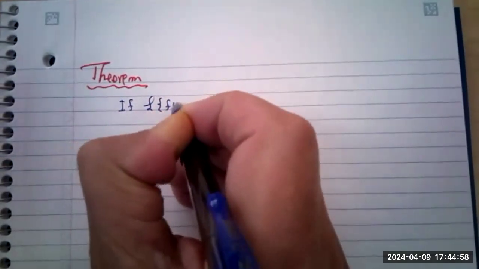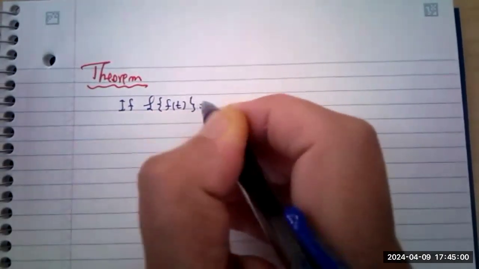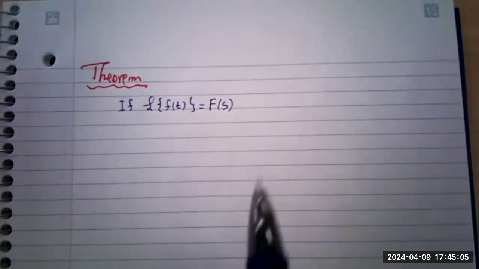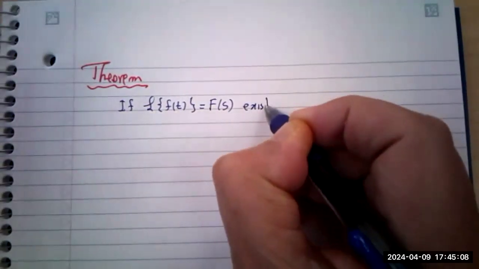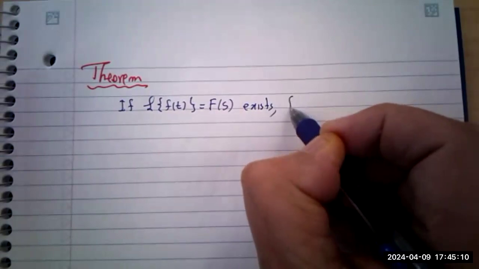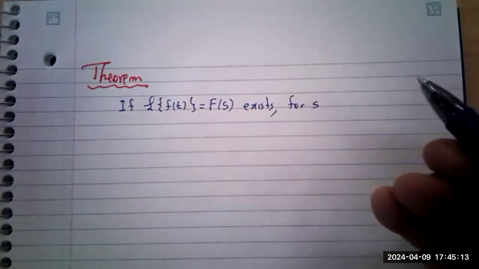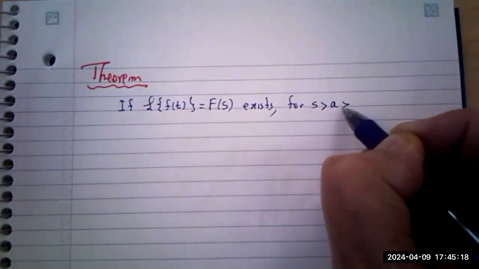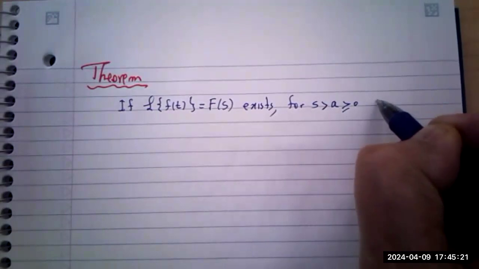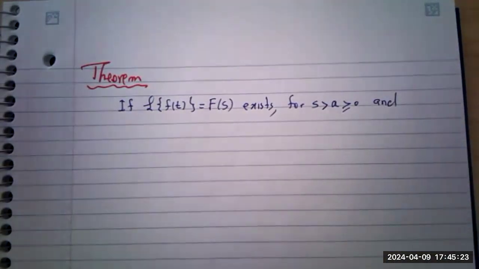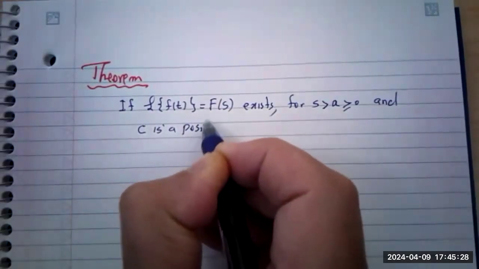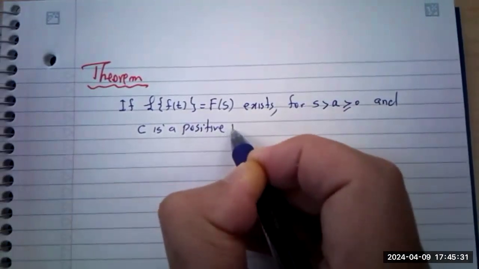If the Laplace transform of a function is given to you, that is, F of s is given or exists, with this condition for s: the s that we use is bigger than a specific number, and a is positive, and c is a positive number.